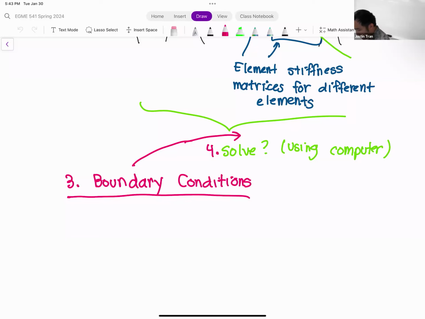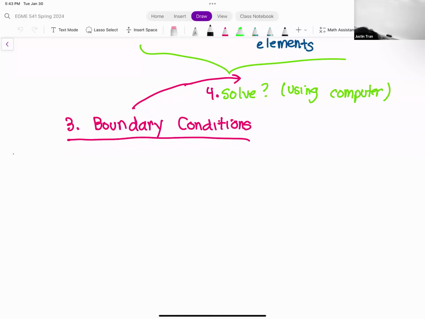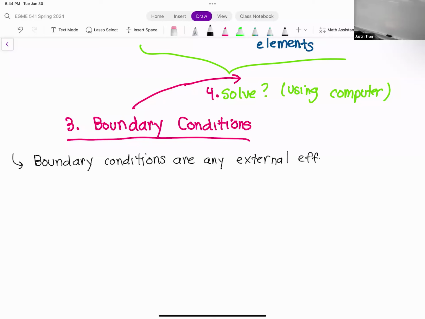Okay, all right, so let's start talking about boundary conditions. Just to remind you, boundary conditions are basically any external effects that are having an effect on your system. Okay.